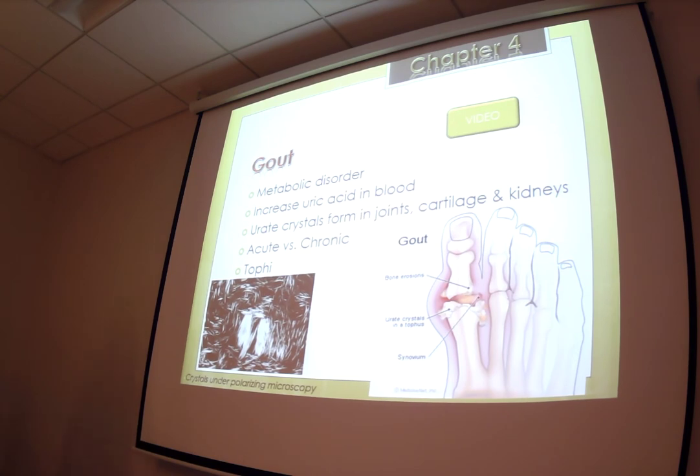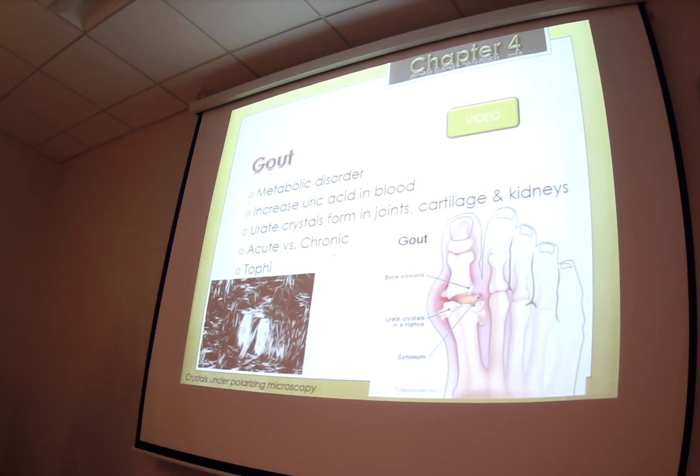So essentially what it is, it's urate crystals, or the uric acid buildup creates crystal formation in the joints, joint spaces, in the actual cartilage, and in the kidneys. There can be inherited or reactive gout.